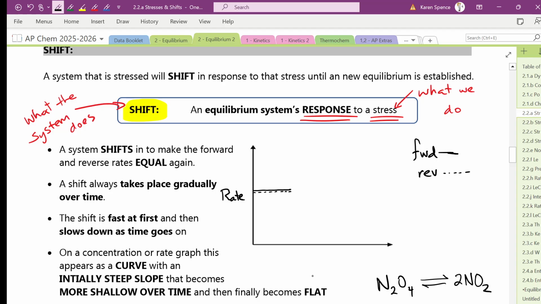And let's assume we add right here N2O4. What happens to the rate? Forward rate goes up. So that vertical line is our stress.